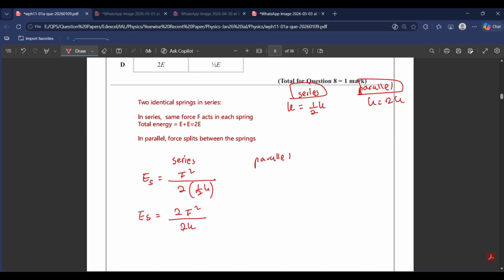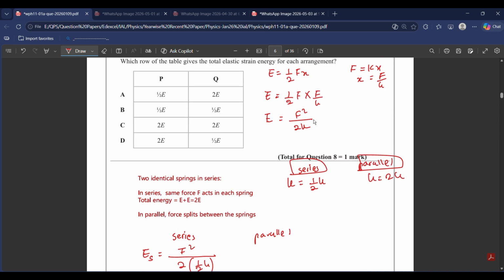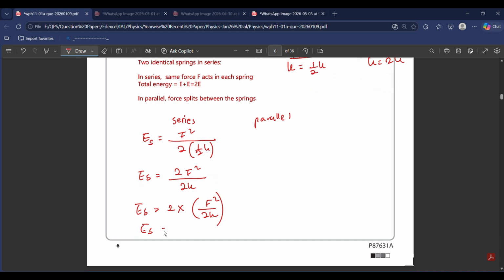Now I'm not crossing them out because if I place this 2 outside the fraction, it looks something like this, right? 2 times F squared by 2K. Now we have F squared by 2K that can be replaced by E, because we know F squared by 2K is equal to E. So ES can be written as 2E.